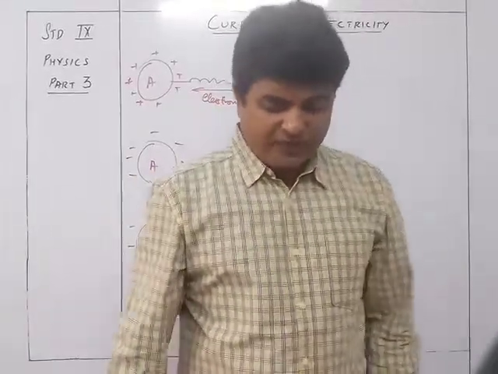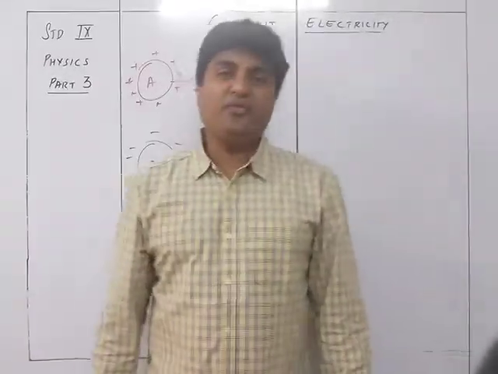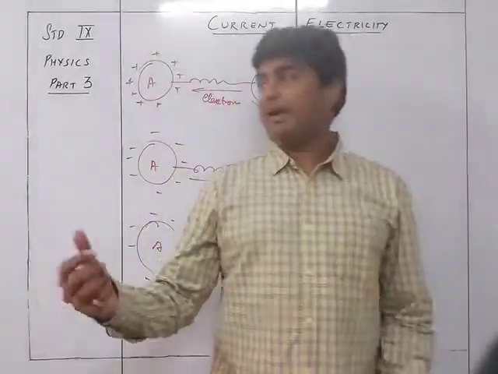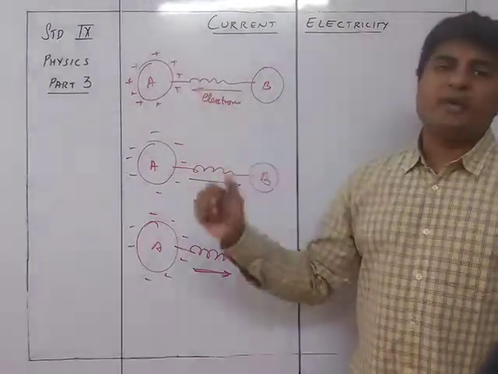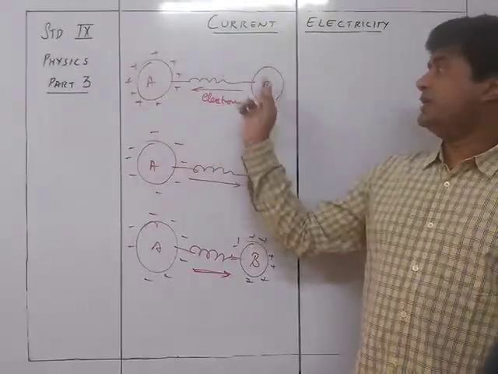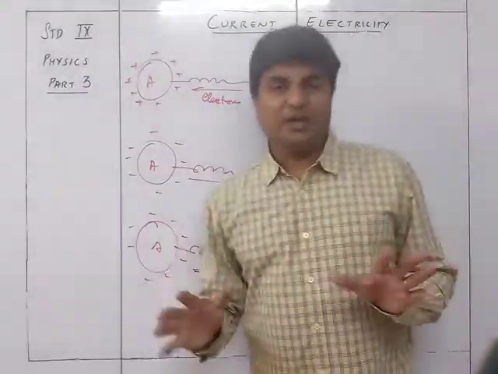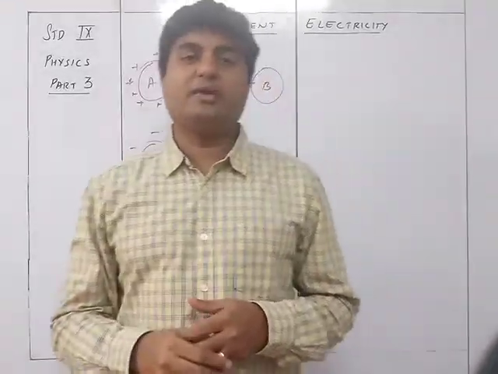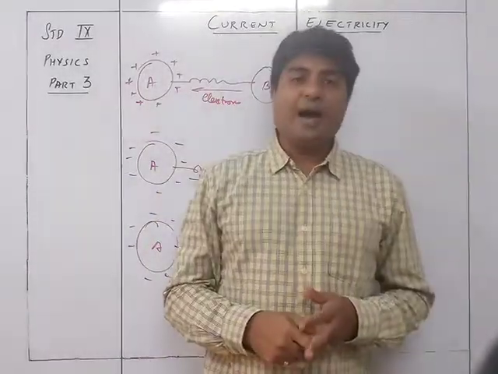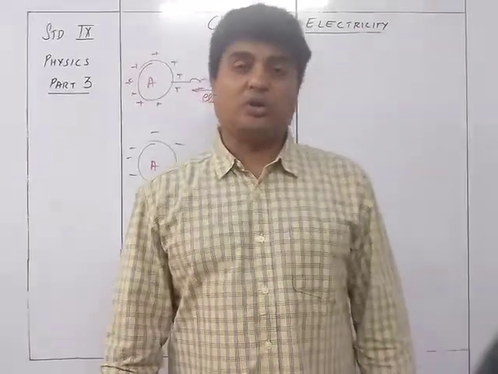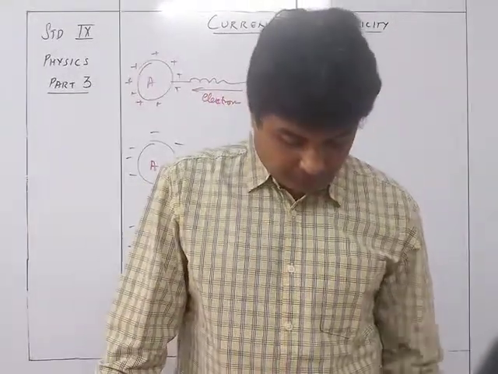This can be understood by the following example. So yes, if we are going to connect them, it will keep on flowing till the number of electrons over here and the number of electrons over here become equal. It keeps on flowing from higher potential, that is a higher number of electrons, to a lower number of electrons.